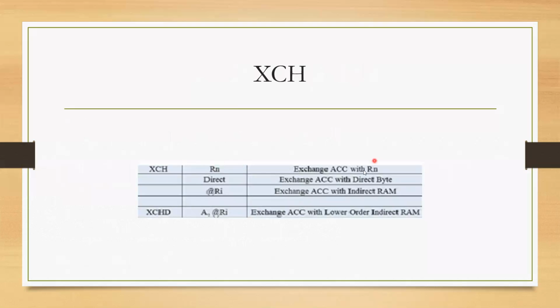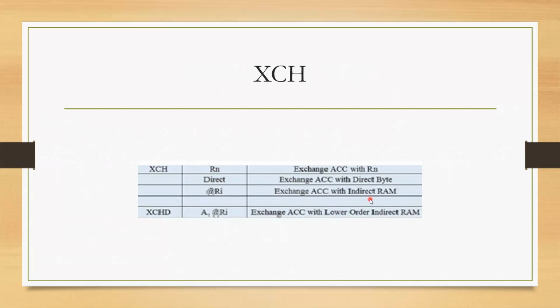So next is the exchange instruction. Exchange Rn, that is, exchange accumulator with the RAM register Rn or Rr, you can specify anything. That is, the data will be exchanged. That is, the lower nibble will be exchanged. So direct, that is, exchange accumulator with a direct byte.